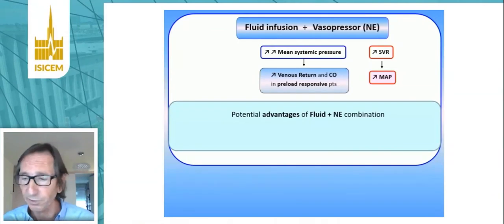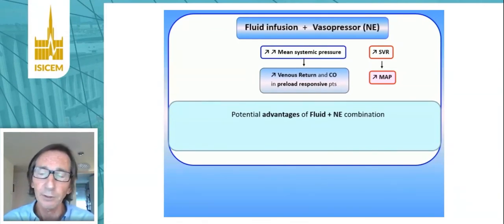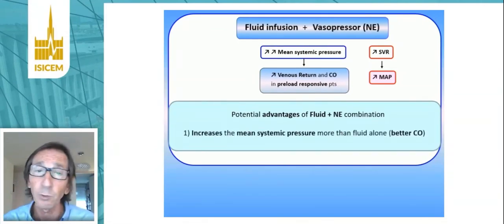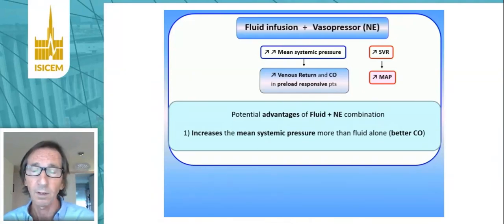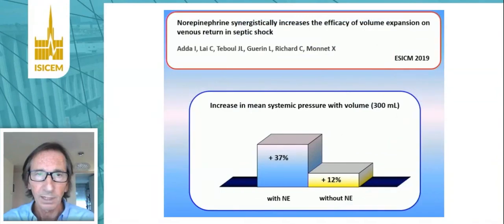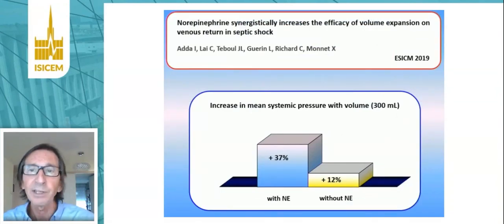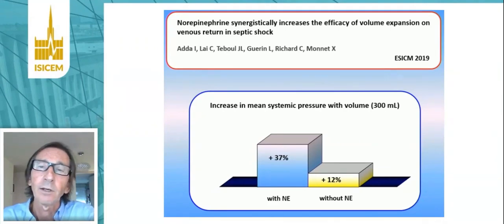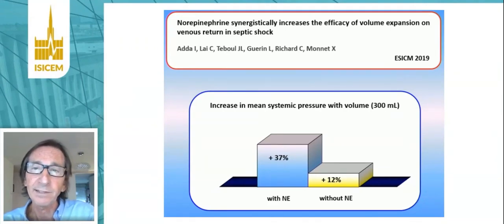So the potential advantages of the combination of fluids and norepinephrine is first to increase the mean systemic pressure more than fluid alone, resulting in a better cardiac output. And this is what we address in a recent study, which is presented here as an abstract, and it was presented at the ISICEM meeting last year.